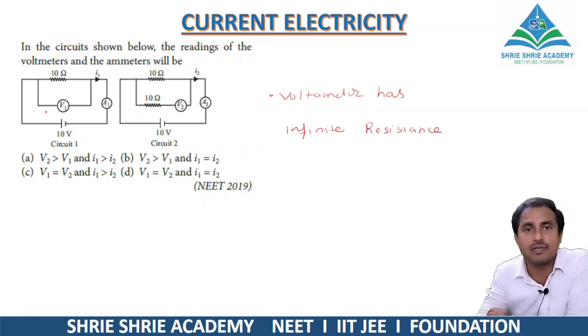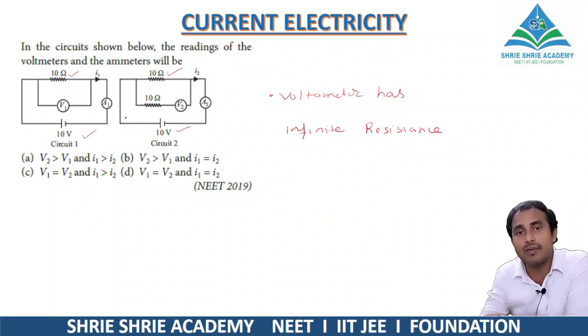Now look at the first diagram. The voltmeter will be connected in parallel. Some resistance of 10 ohm is there, and the same 10 ohm resistance is there in the second. The battery supply voltage is 10 volt in both, that is not a problem. The only difference is that in the first condition you are connecting no resistance in series, and in the second one you are connecting a resistance in series with the voltmeter, right?